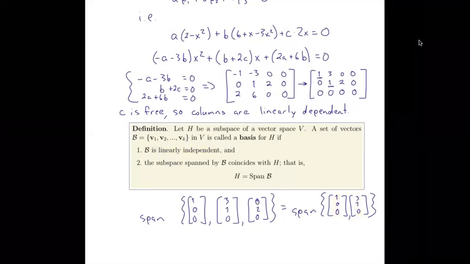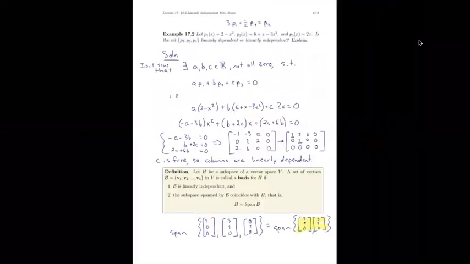So this actually would form a basis for the null space of this matrix here, since I pulled it from that example. So that's a basis for the null space of that matrix. I know that the matrix wasn't originally from a question about a null space, but there we go.